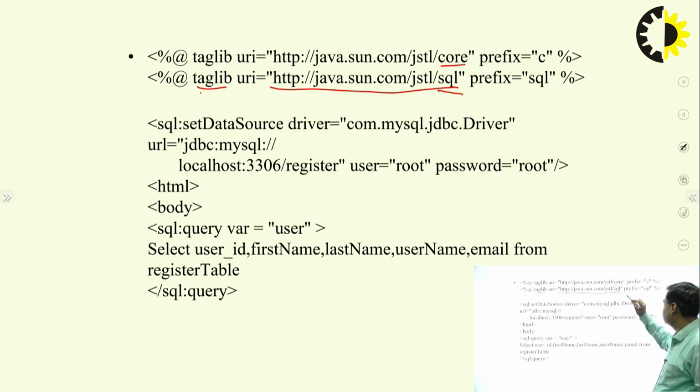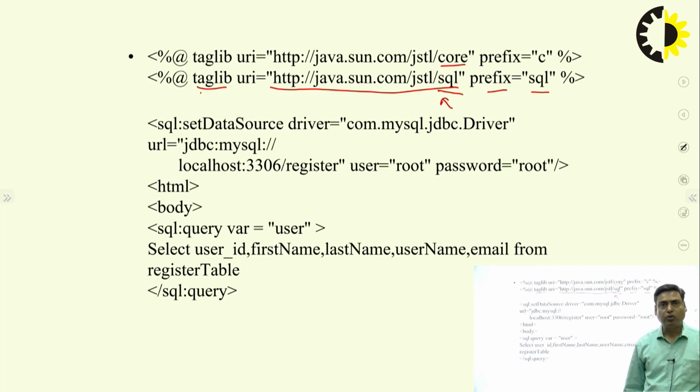Now, we want to use this library with a name. So, you can give the name here. It is given with the help of the prefix sql. Whenever you are using this library, it is mandatory to use this prefix name that you have given in this statement, that is sql.